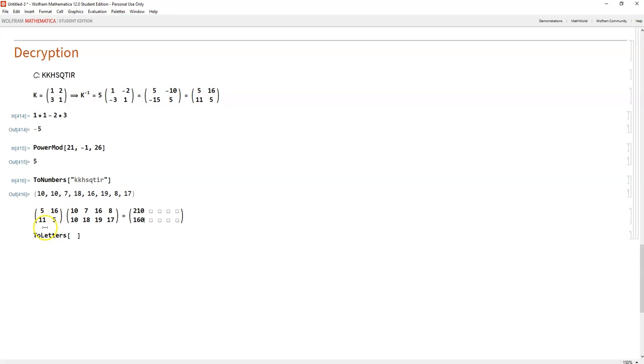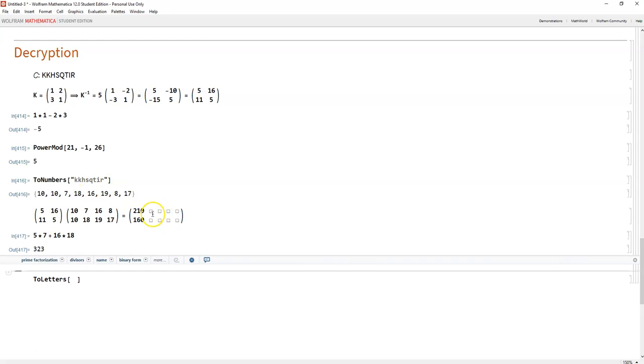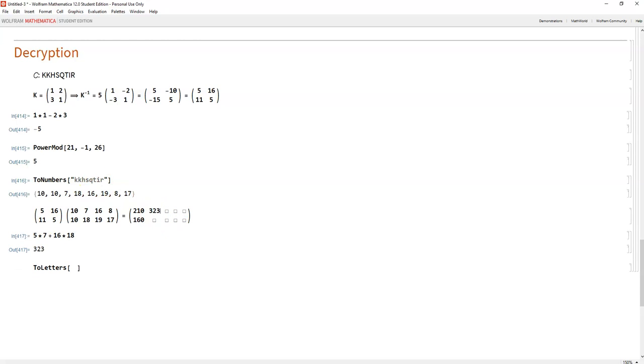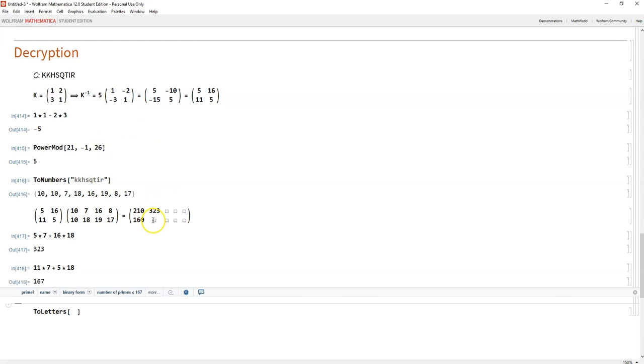All right, and at this point, I'm just not going to pretend. 5 times 7 plus 16 times 18 is 323. All right. And then 11 times 7 plus 5 times 18, 167.